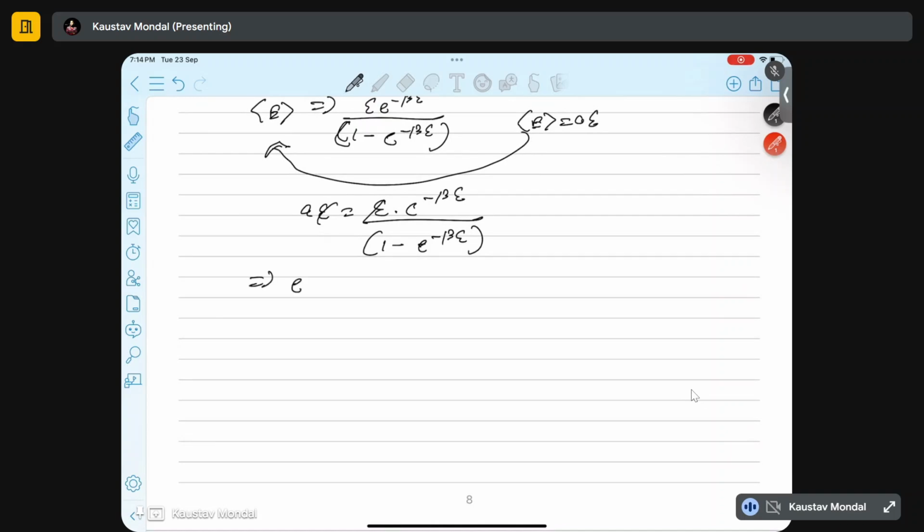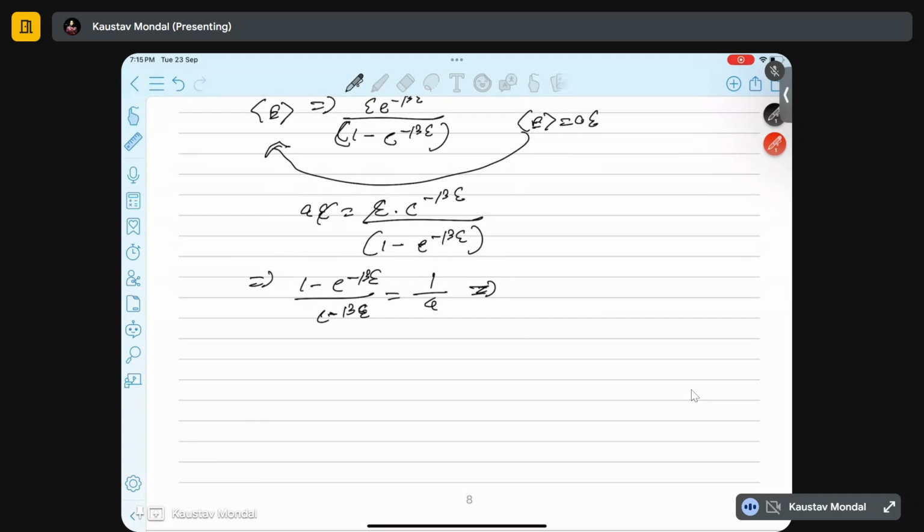You can simply flip both the sides. So 1 minus e to the power minus beta E by e to the power minus beta E equals 1 by A after taking the inverse.